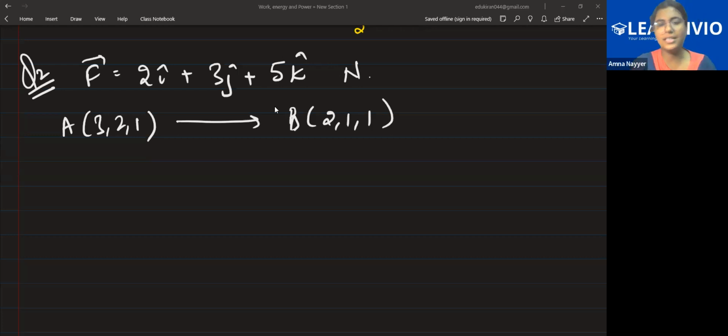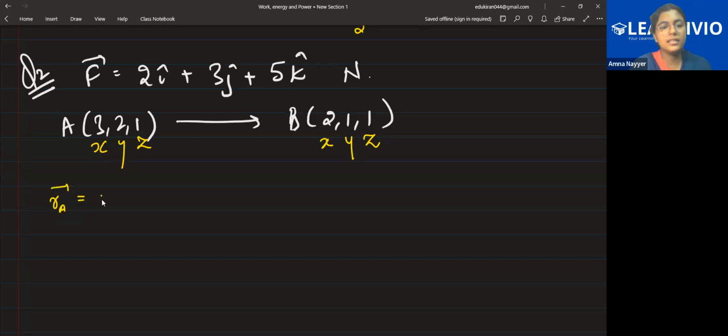So see, force is 2I cap plus 3J cap plus 5K cap. But before this, we have the displacement. The initial point is 3 comma 2 comma 1. The second point is 2 comma 1 comma 1. Like this, it's mentioned. So this is X, Y, Z. How do we write our RA?